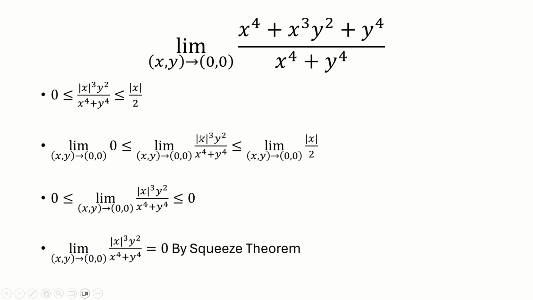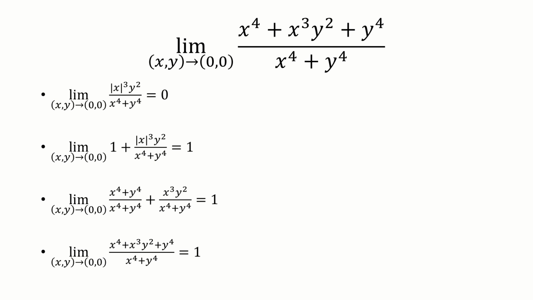So now we just need to focus on this inequality. If I take the limit of all three sides, the lower bound, that limit is going to be 0, obviously, and so is the upper bound, because if x approaches 0, then the absolute value of x over 2 also approaches 0. And so that forces the middle limit to be 0 by the squeeze theorem.